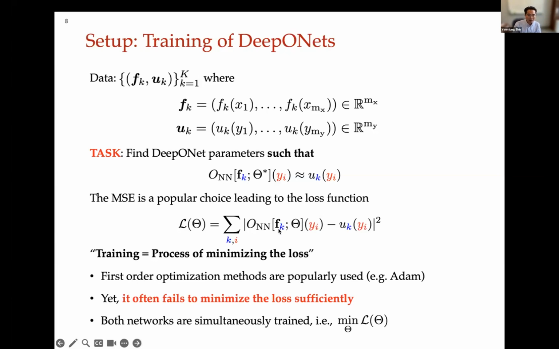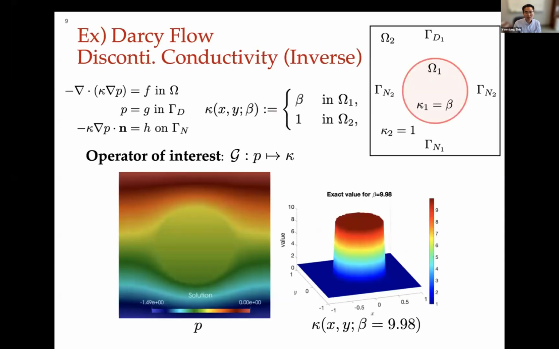Popularly, first order methods are used, but they often fail to minimize the loss sufficiently. Accordingly, DeepONet doesn't produce a reliable inference result, resulting in poor generalization performance. And moreover, in almost all cases, both networks are trained simultaneously. So here, let me illustrate one instance where DeepONet struggles while using the standard method, Adam.